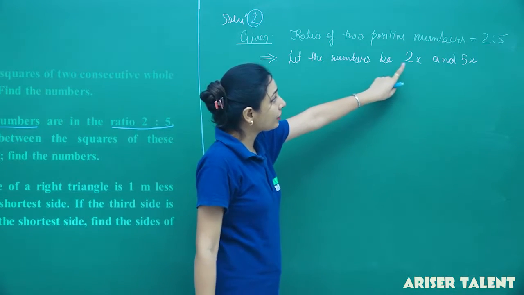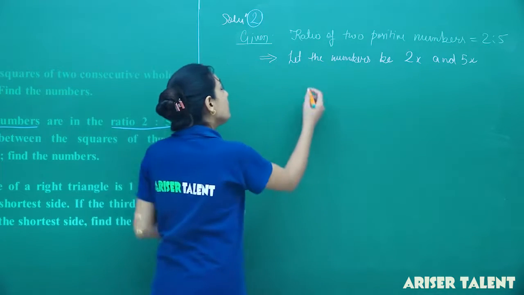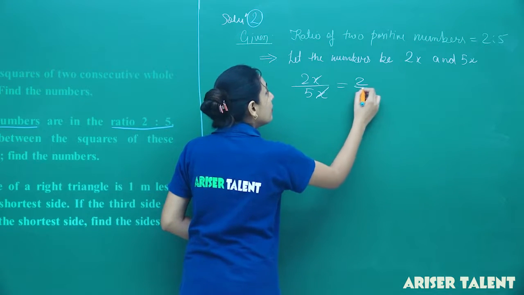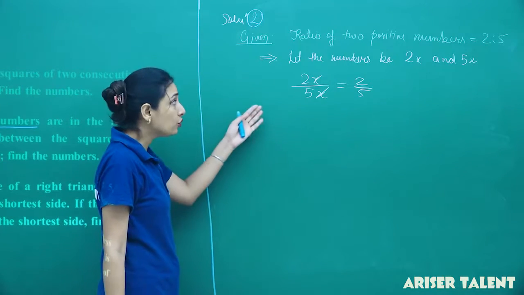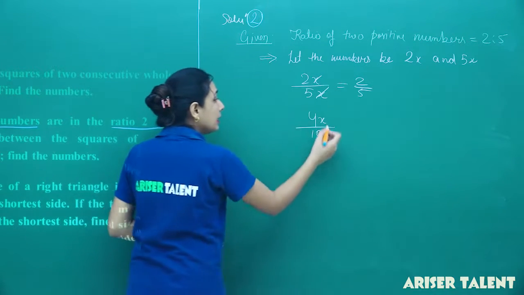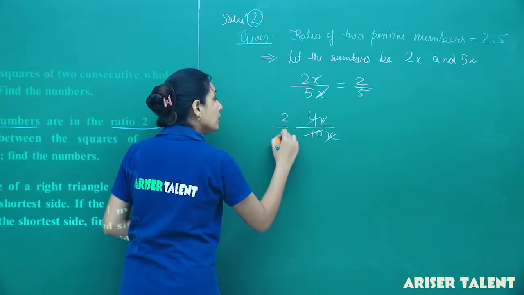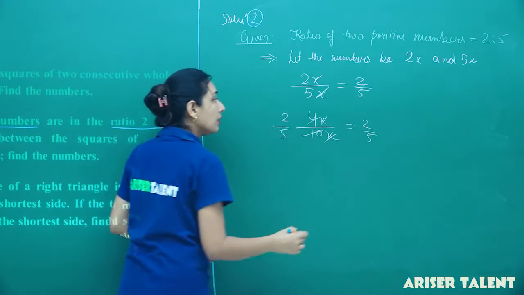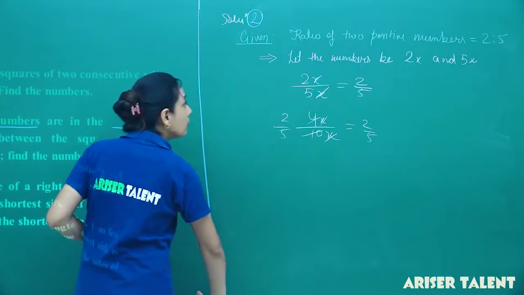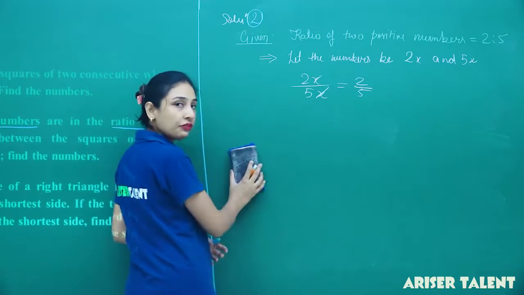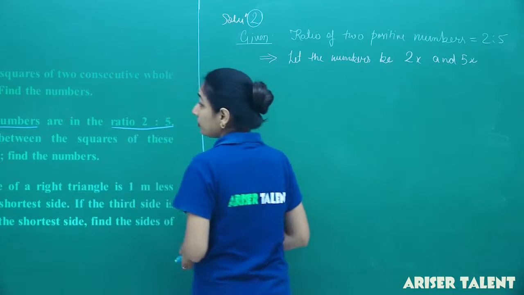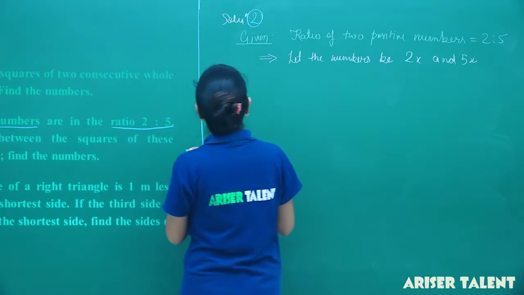Because if I take 2x and 5x, the ratio will undoubtedly be 2/5. What else can I do? I can take 4x and 10x. That will give me again 2/5. But why go with the long process when we have the short process for this? So I will be taking 2x and 5x. Now, it is clear why I am taking this. Okay. Now, this is the first step of the solution.